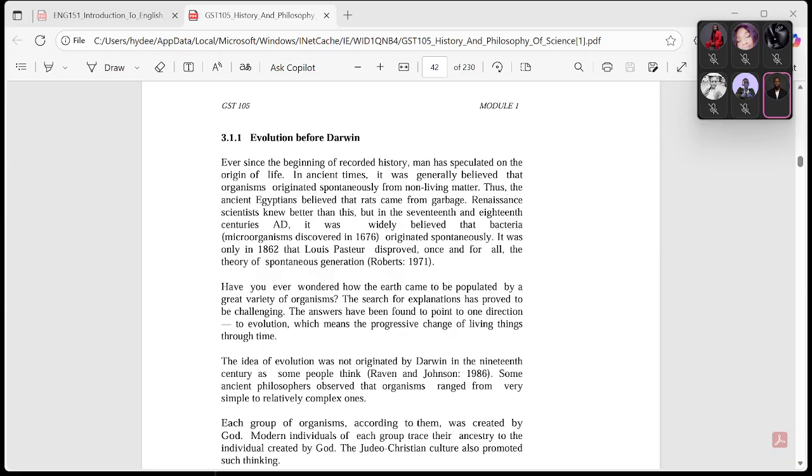All right, so now the evolution before Darwin. Evolution actually talks about the variety of life. Now, the first point from the evolution before Darwin, let's not talk about all the information there. Let's just go straight. Spontaneous generation. The ancient belief that organisms originated spontaneously from non-living matter. I'm sure you studied this when you were doing biology, your SS3 second term.